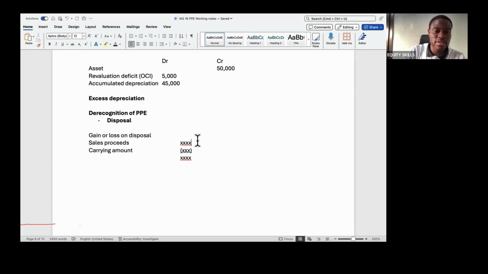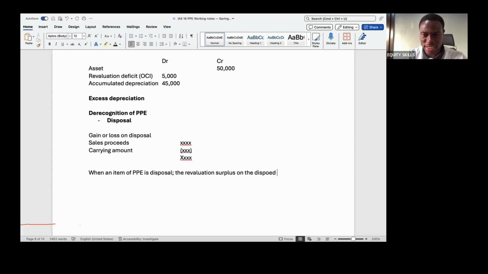So when an item of PPE is disposed, the revaluation surplus on the disposed assets becomes realized.